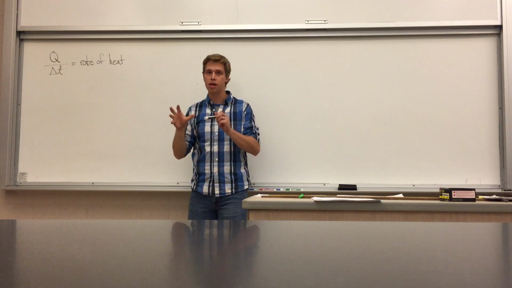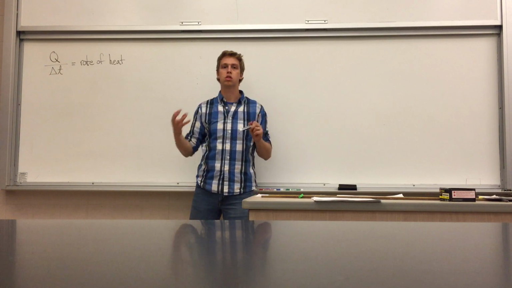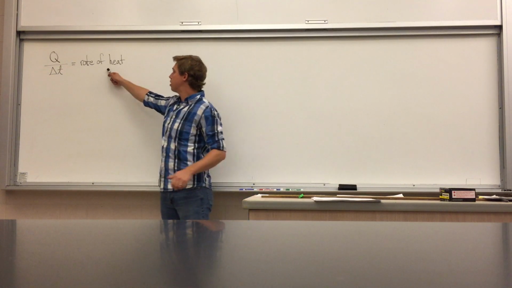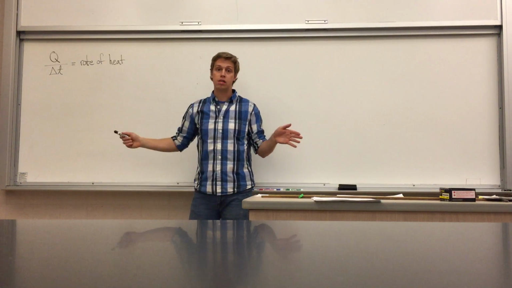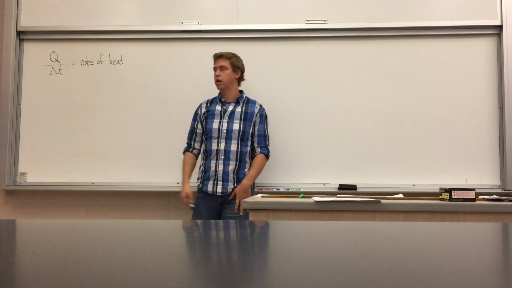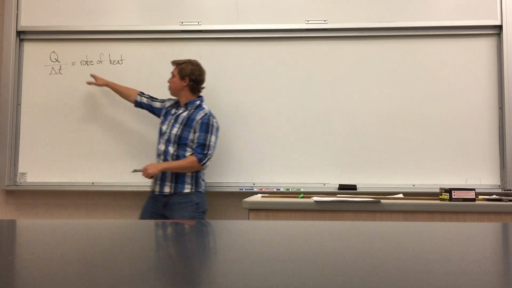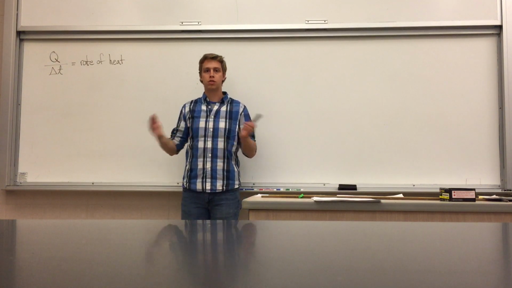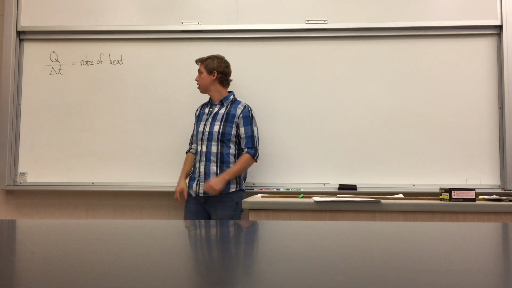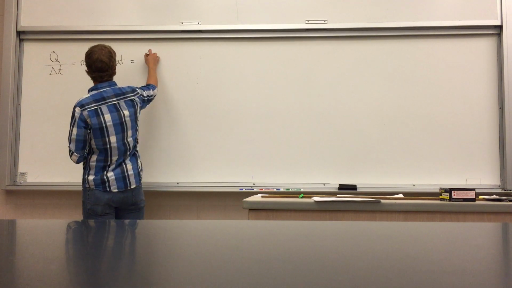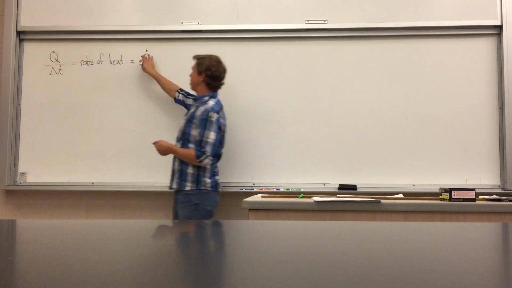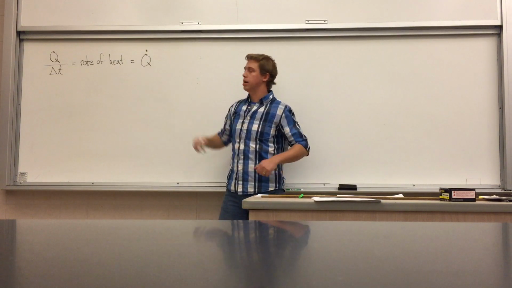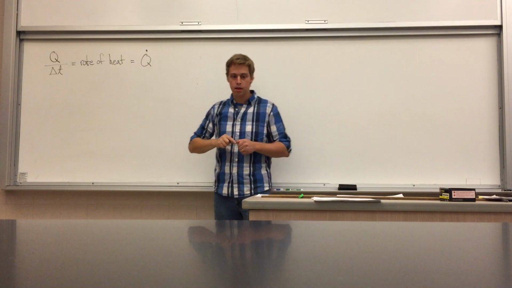Heat is not a thing that's being moved, it is the movement of the thing, which is energy. So I'm just going to say rate of heat. If it confuses you, add the word transfer on, okay? And this is simply how much heat per unit of time. What is the change of time, or the time interval that it took? And there's a shorthand for that, which is Q dot. We just put a dot above it, and that means Q divided by delta T, okay?